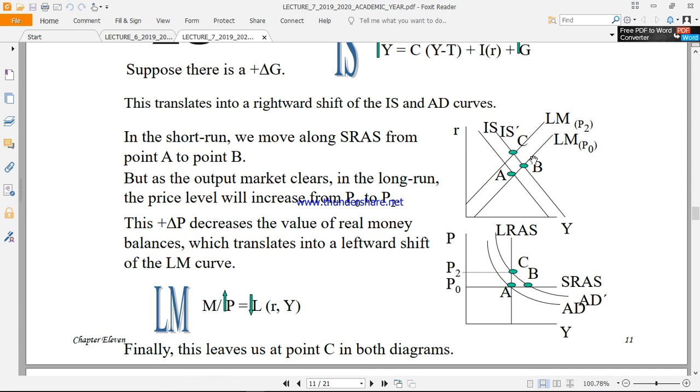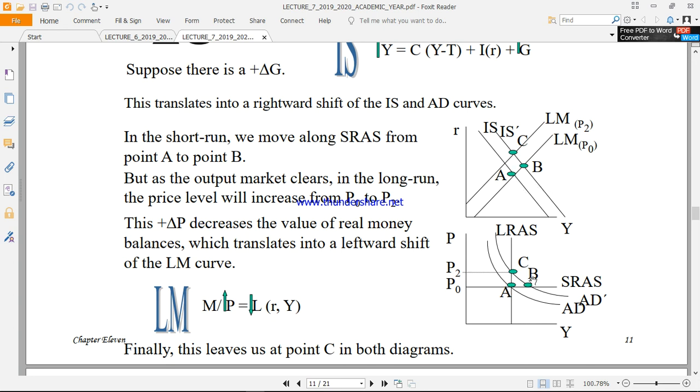Let me just repeat this for the last time. What is happening, ladies and gentlemen, is an increase in government expenditure. And to understand that, whenever there's an increase in government expenditure, your income is going to increase. That increase in government expenditure is depicted by an upward shift in the IS curve from this one to that one.